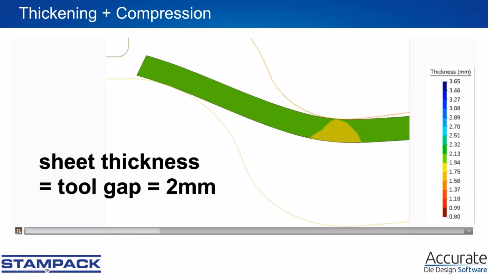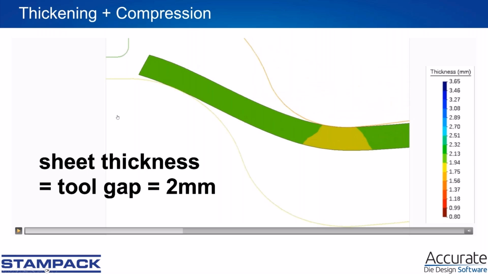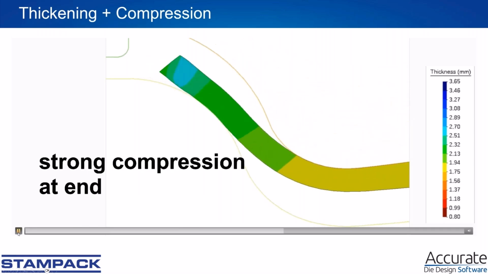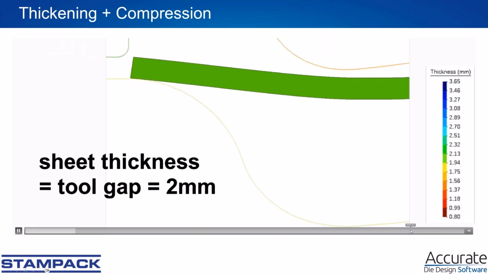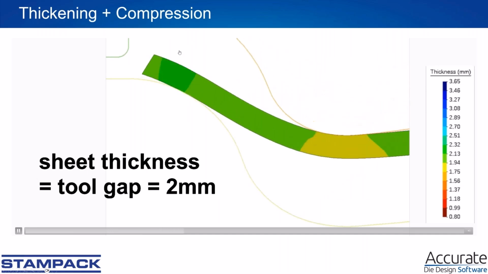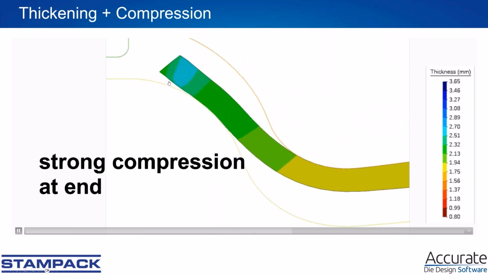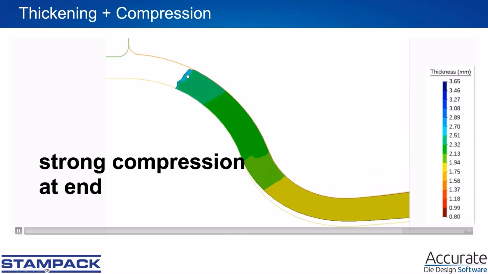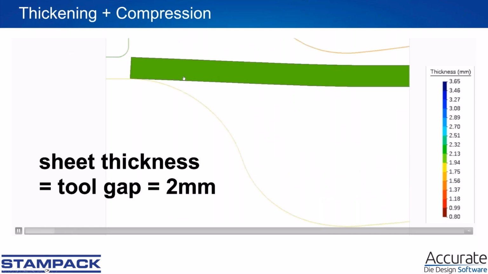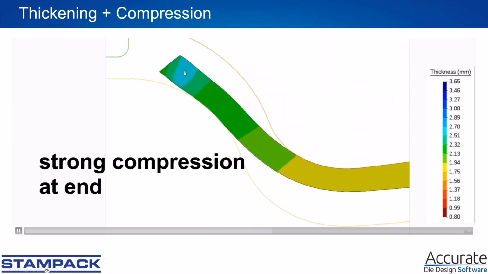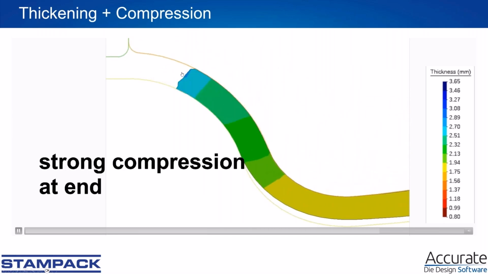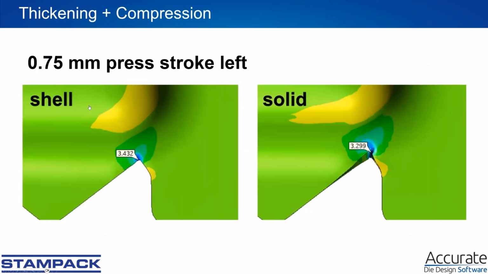And you see here in this focus on this area, you have some thickening. So in the beginning, we had 2 millimeter thickness. And then let's say here we get some thickening and we compress the sheet at the very end. So you see here quite well what I mean with contact on bottom and how wonderfully it's compressed. But let's compare now shell and solid.